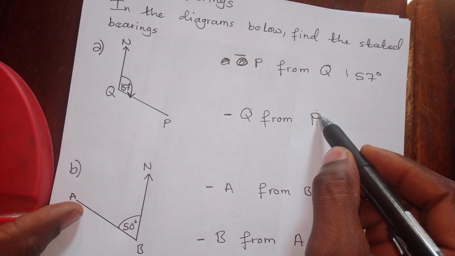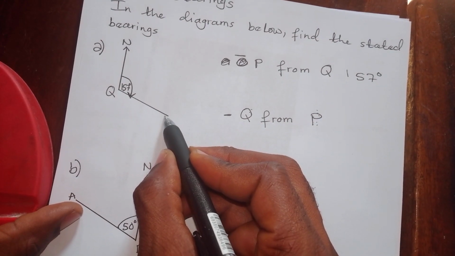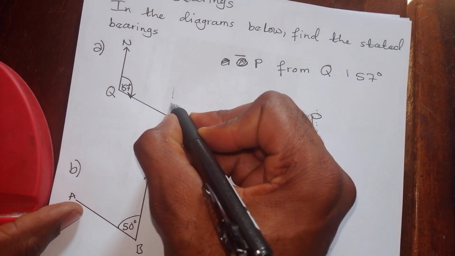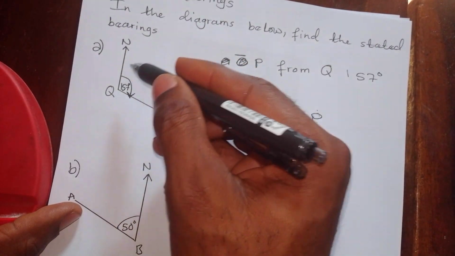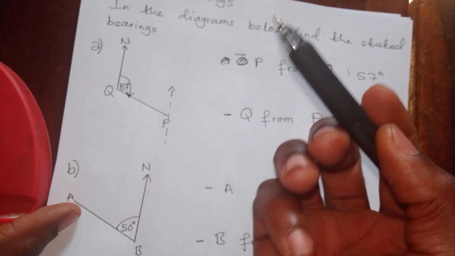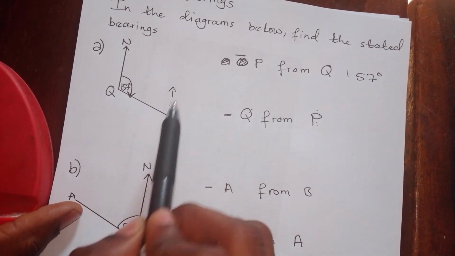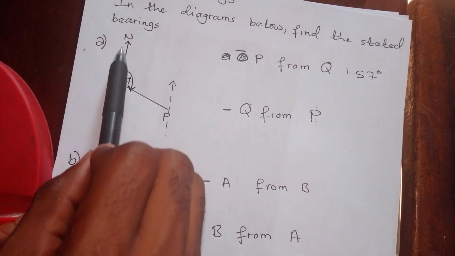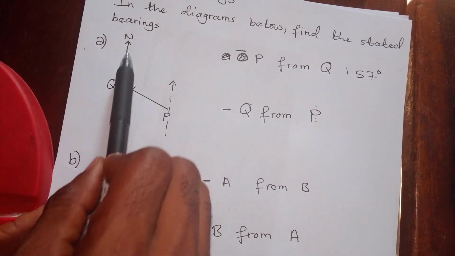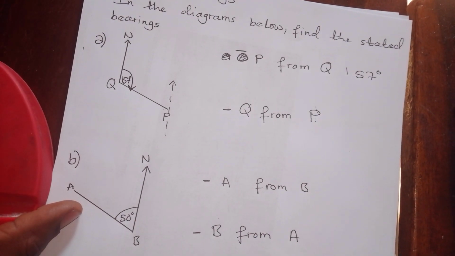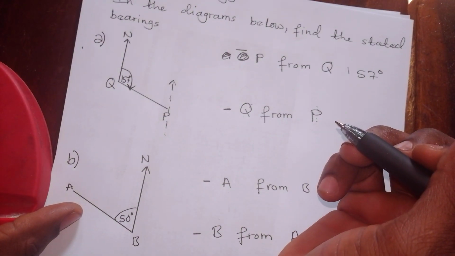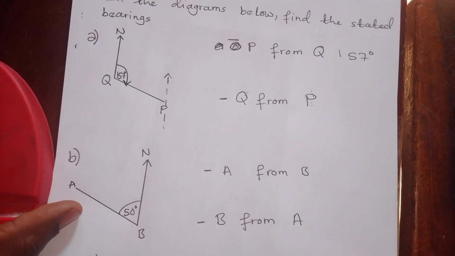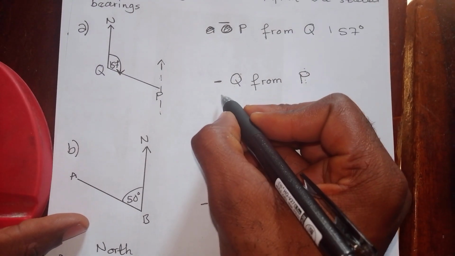So you can go to P, this is where your P is, and then draw an imaginary north line parallel to this. A north line is always facing up, so it should be parallel to the other north line. So the next thing you want to do is draw an arc in the clockwise direction.